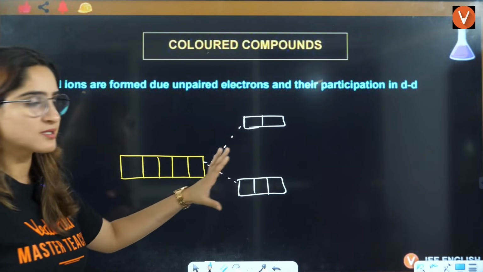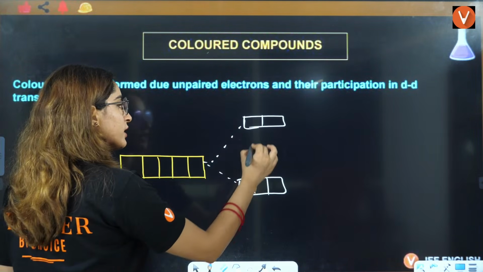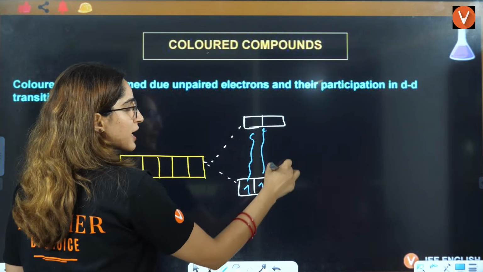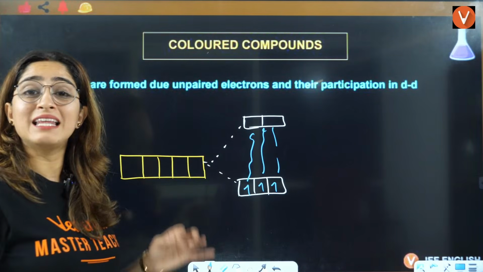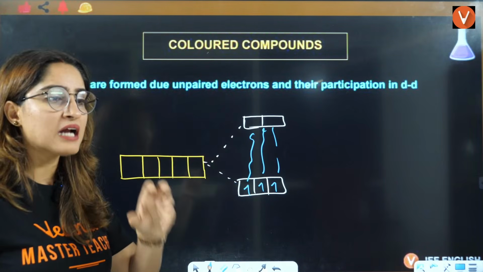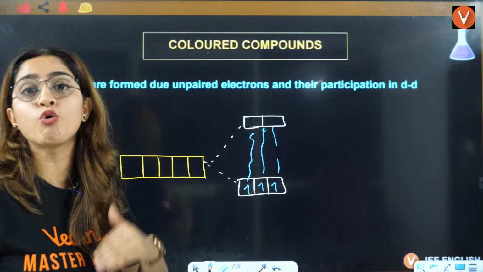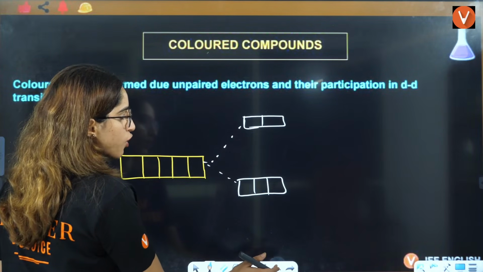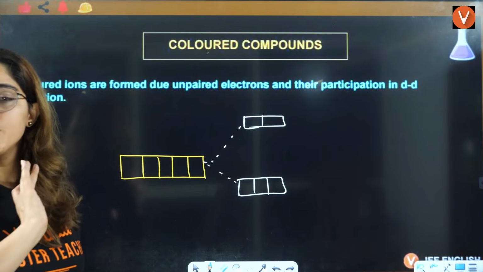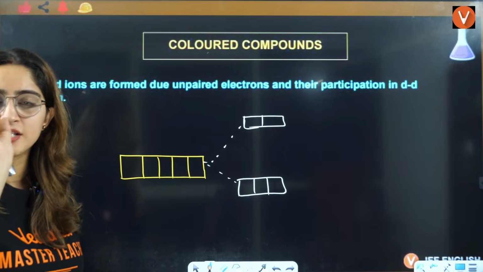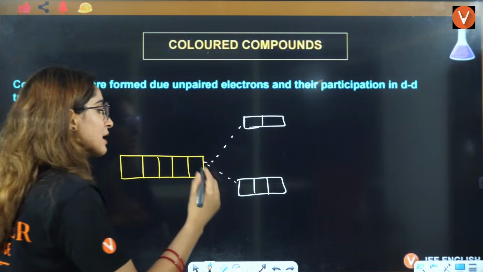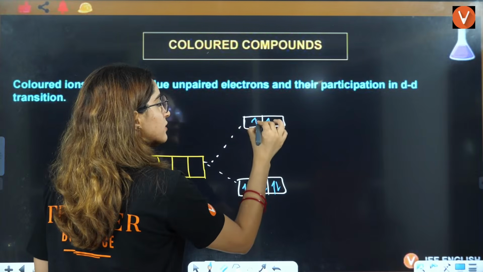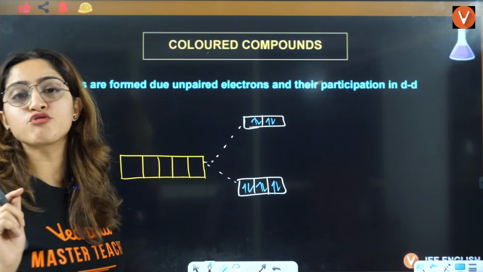Now what will happen here? See, if you have 1 electron here, it can have a d to d transition. 2 electrons, 3 electrons can have a d to d transition. And these d-d transitions are the reason that they show colored compounds, right? If you have 0 electrons in this, then it will have no d-d transition, and no color will be there. Let's say it has 10 electrons here.